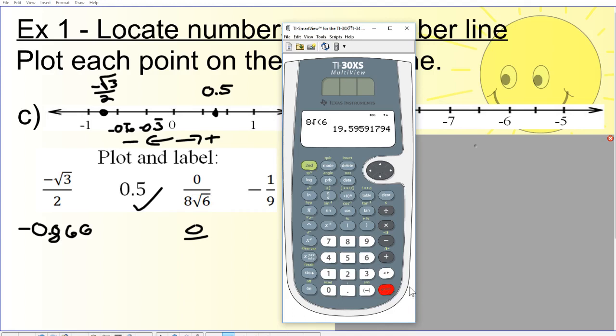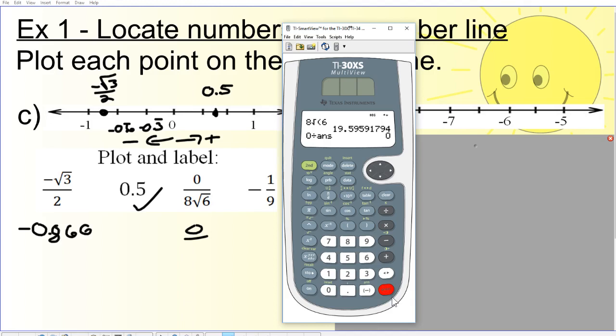Now, in order to take 0 divided by that without having to write down everything, I'm going to take 0, divide, and I want to get the answer from the previous prompt. So I'm going to put second, and look right here. There's this little answer button right there above the negative sign. 0 divided by my previous answer is 0.